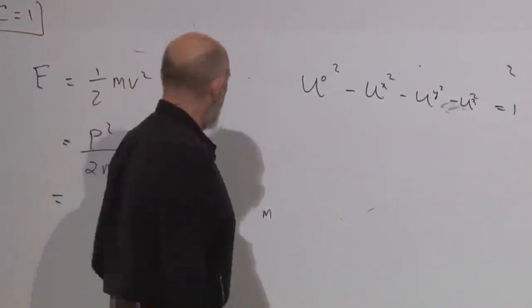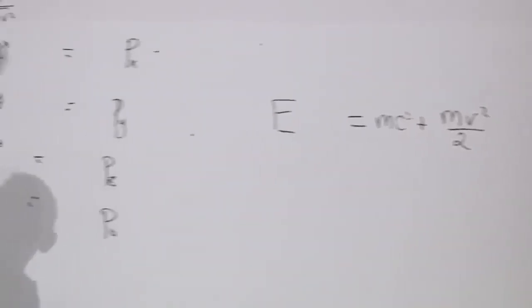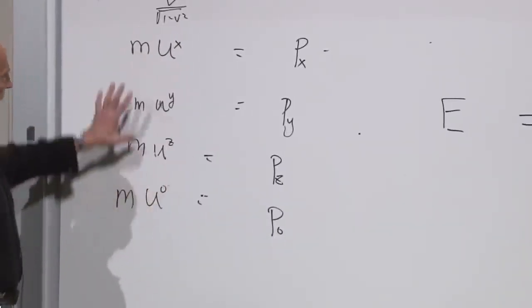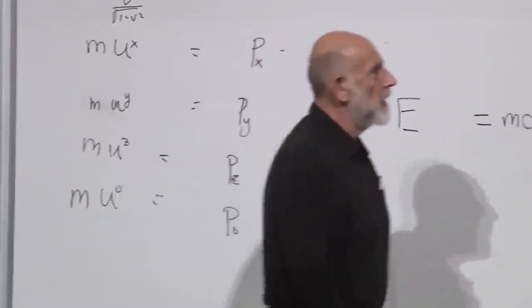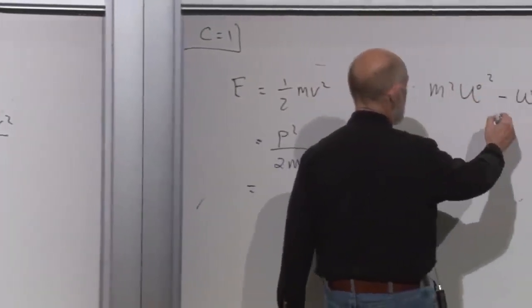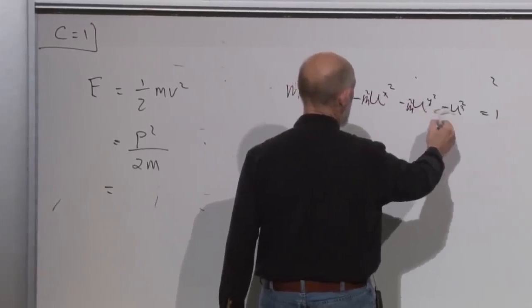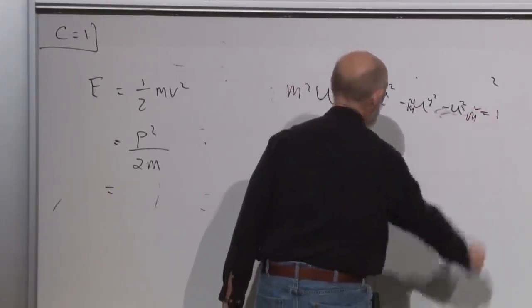All right, the components of momentum, all 4 of them, are the same as the components of 4 velocity except for a factor of mass. So what I want to do is multiply this equation by m squared. Right.